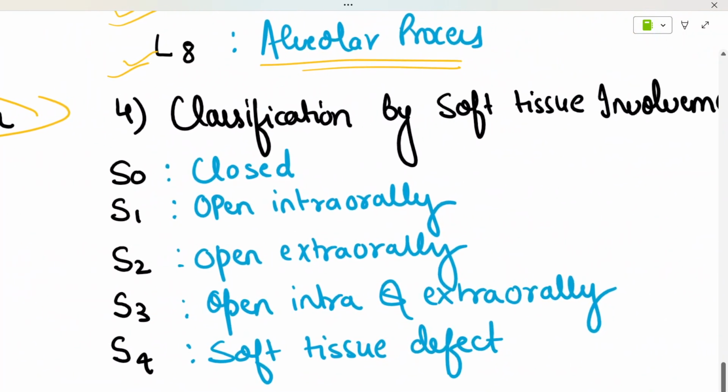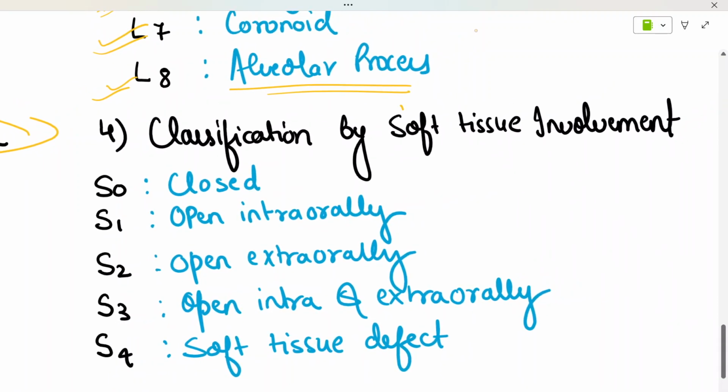Then comes S, soft tissue involvement. Soft tissue involvement is when the fracture occurs and it has some communication with the outer or the internal environment. If it does not have any communication, it comes under S0, that is closed. If it is open intraorally, then S1.